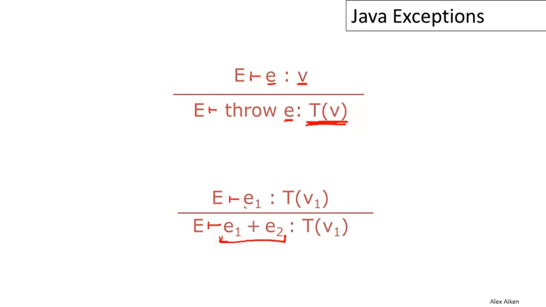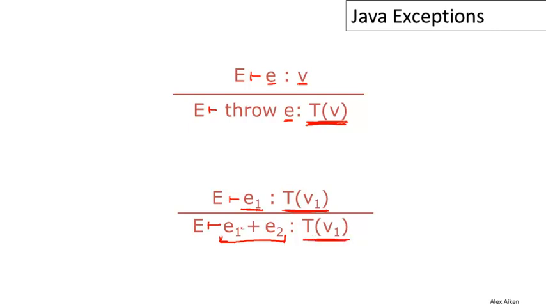The first thing we need to do, of course, is to evaluate E1. If something goes wrong in the evaluation of E1, and E1 evaluates to a thrown exception, then we stop the evaluation of the plus right there. We don't even evaluate E2. Notice that E2 is not mentioned above the line as one of the things to be evaluated. So if E1 terminates abnormally with an exception, then the result of the entire addition is that exception.